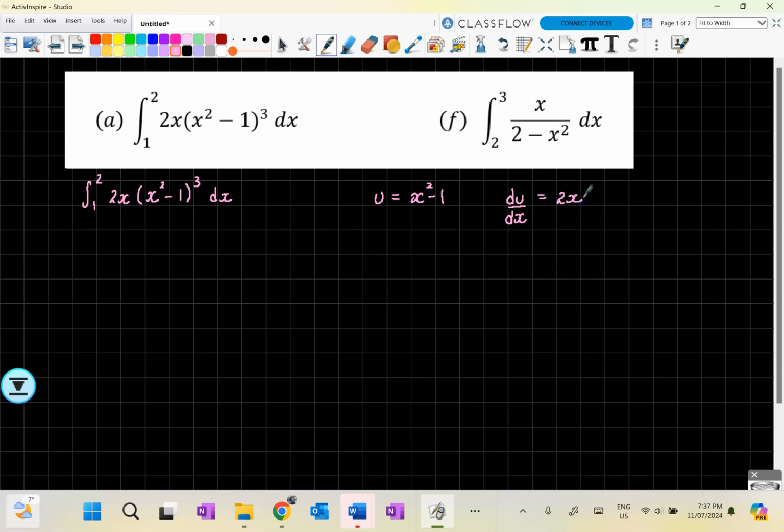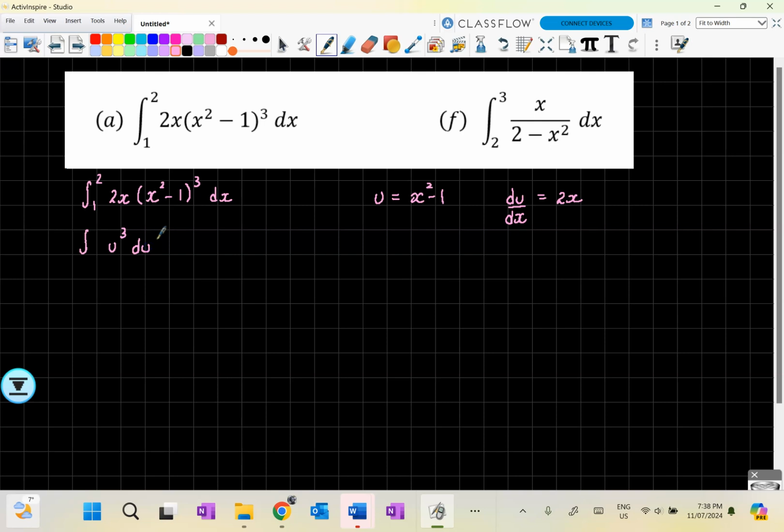So that's going to help us. Do I need to rewrite? I don't. This bit here is going to be u cubed, and then the 2x is my du by dx, and so I'm integrating with respect to u.